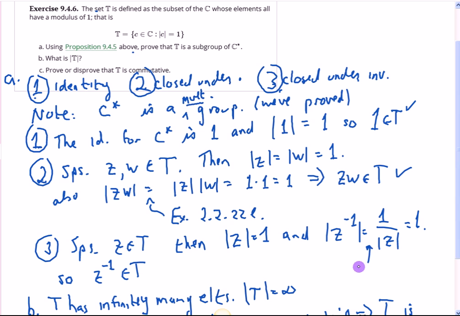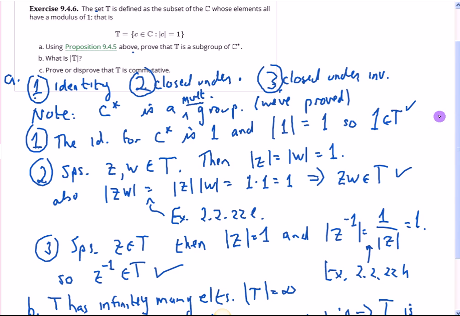This is 2.2.22h. So, the modulus of z is 1, so the modulus of z inverse is equal to 1. I mean, z inverse is in T. We verified the third condition. So that takes care of part A. We verified the three conditions.